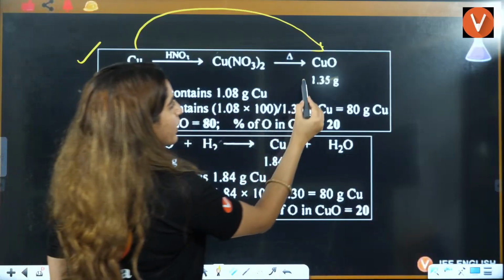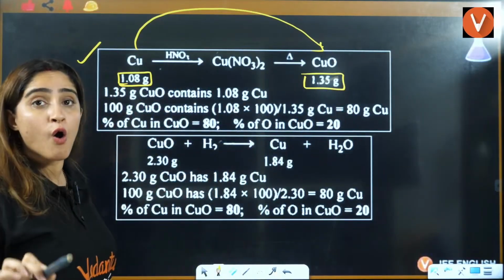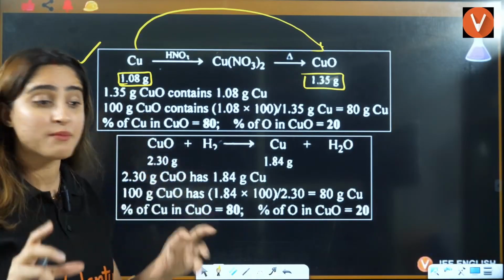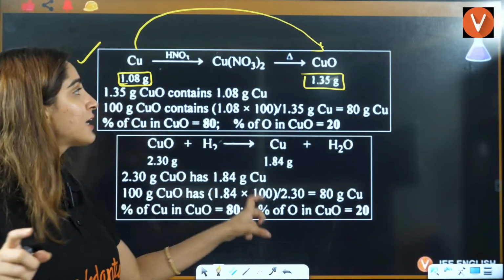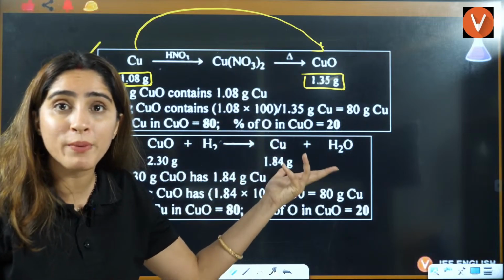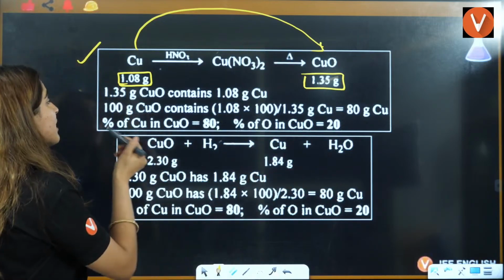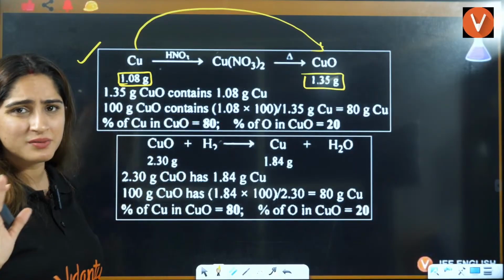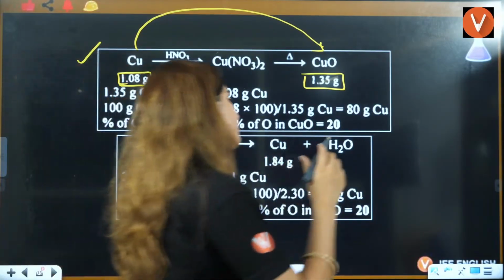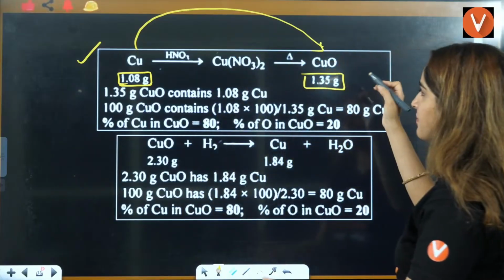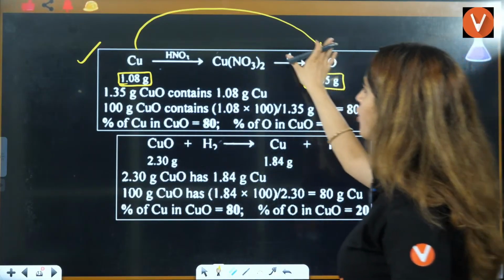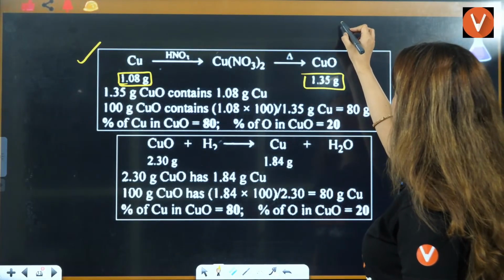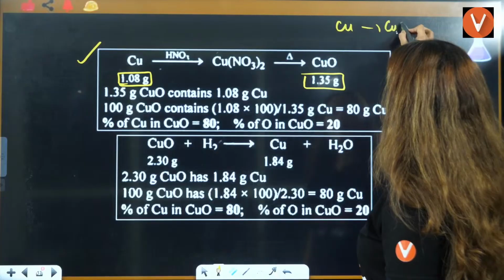This is 1.08, this is 1.35. Now, just like in the last question, here I will fix it as 100 grams. I have to find how much copper is in 100 gram of copper oxide. Same thing. Ma'am, how to apply the unitary method? See, simple thing is, let me just write it here. That was copper to copper oxide.